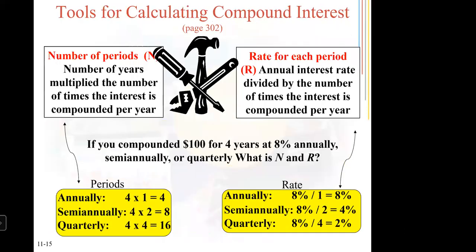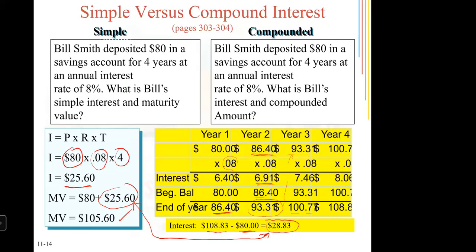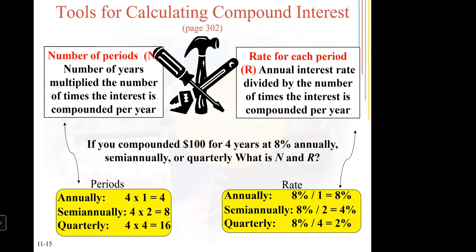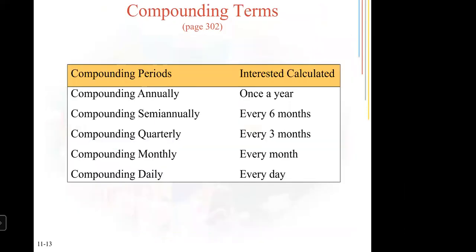Now, in the question that we just looked at, we were doing interest on an annual basis. But interest doesn't necessarily have to be calculated annually. As you can see earlier, we have some different time periods that we're looking at.